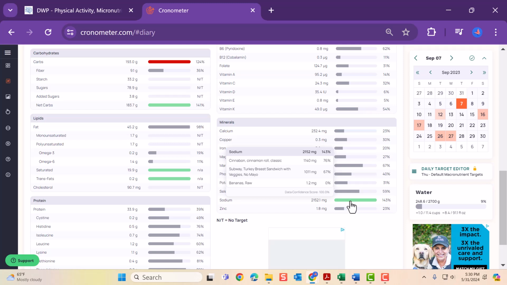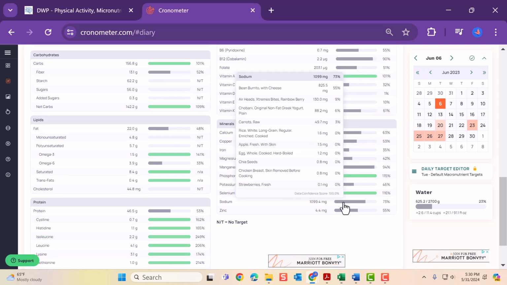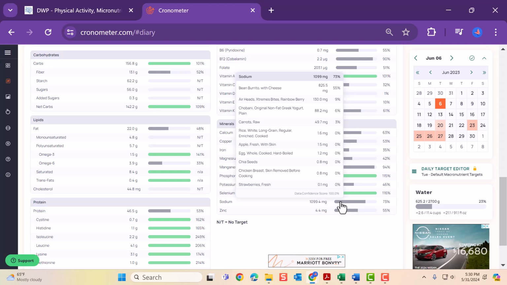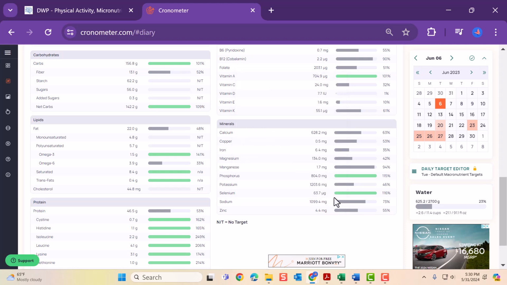So I would write that. Okay, then I would go to my second day and I would hover over it and it says my bean burrito with cheese had 825.5 milligrams of sodium. And then you would do it on the third day, the same 3 days that we've been using for the entire project. You will still use those days for this assignment as well.